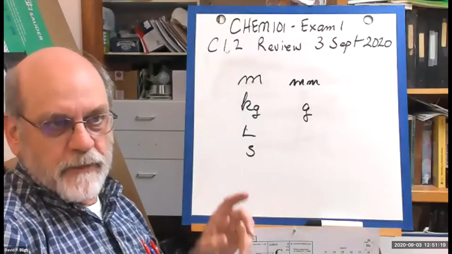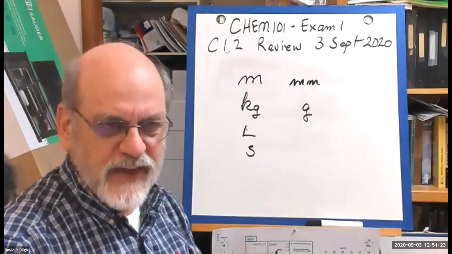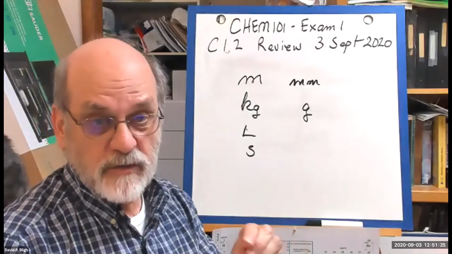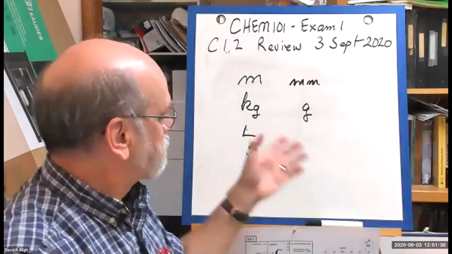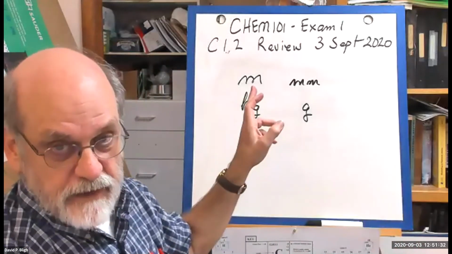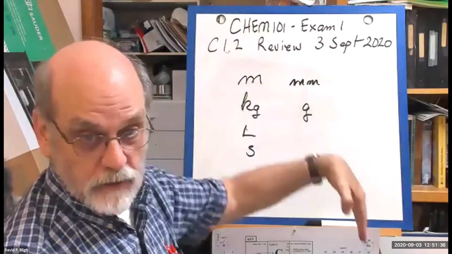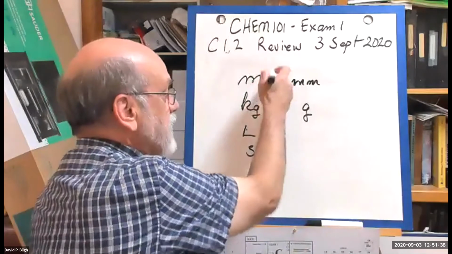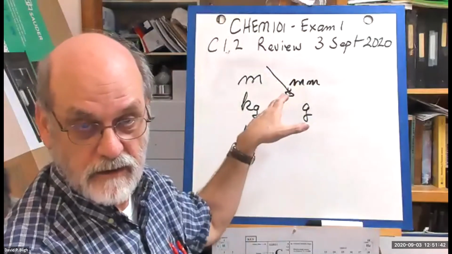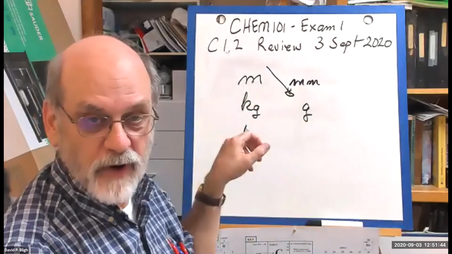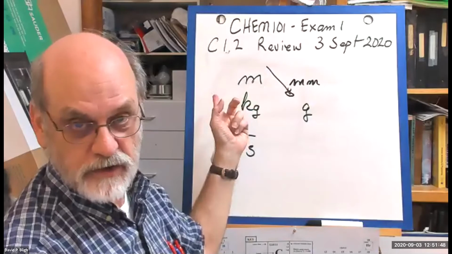Now, another concept, if you get confused about the size of a measurement and its relationship to some other measurement: if the absolute size of the measurement goes down, from a meter to a millimeter, which is smaller than a meter, then the number of the smaller units that are within the larger unit goes up.